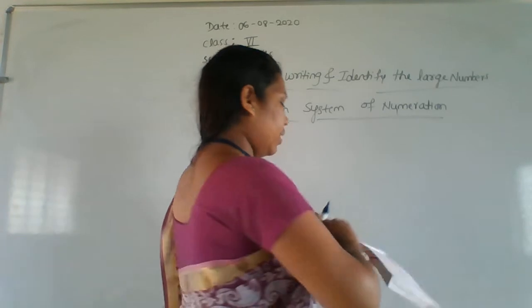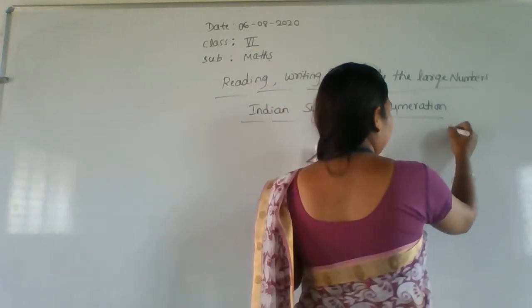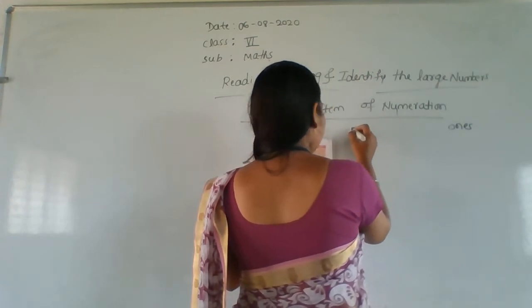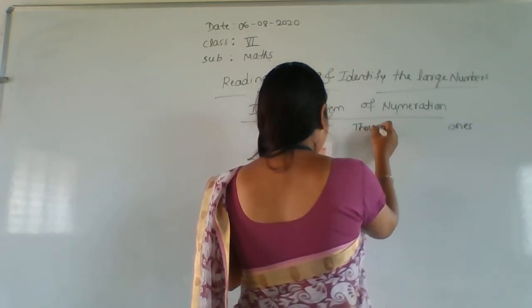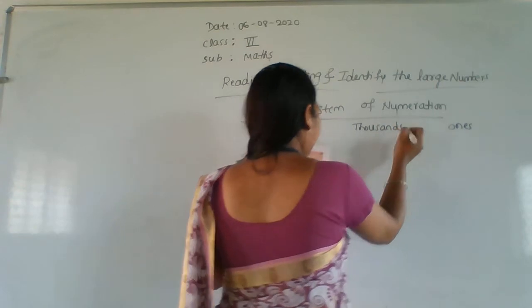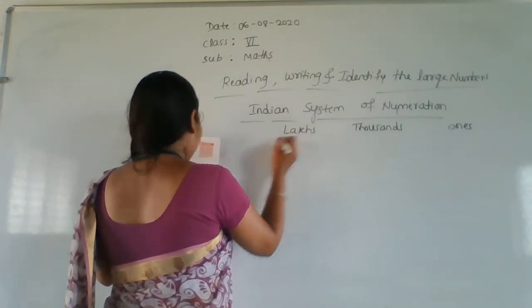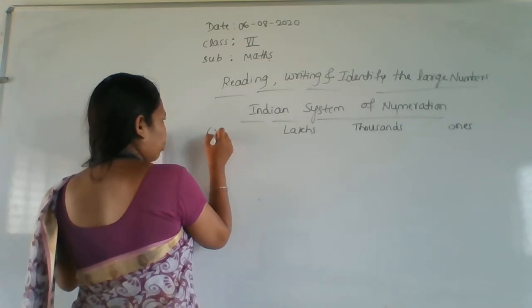In that they have given here, first one is ones and again here thousands. Okay, so next one is lakhs. And after that here crores.